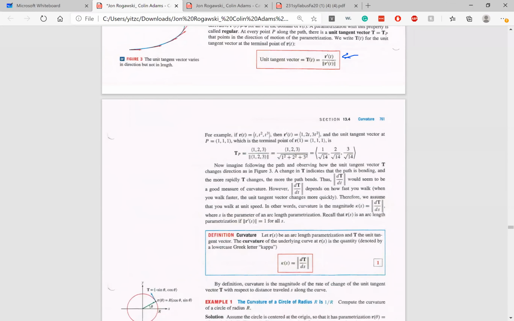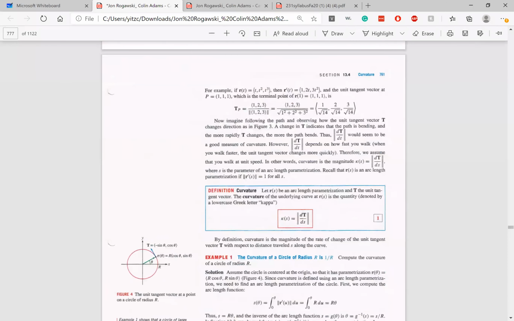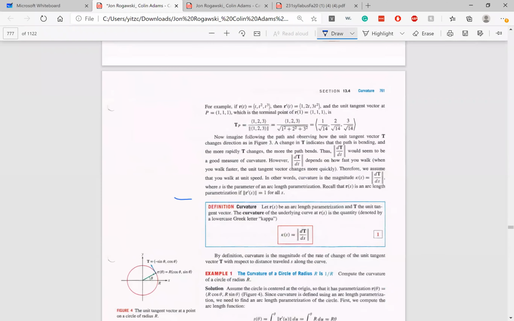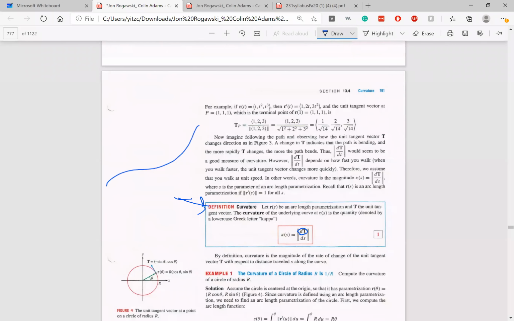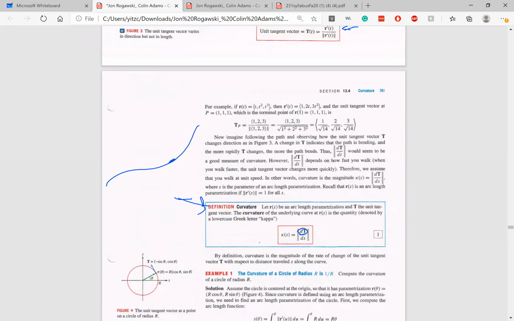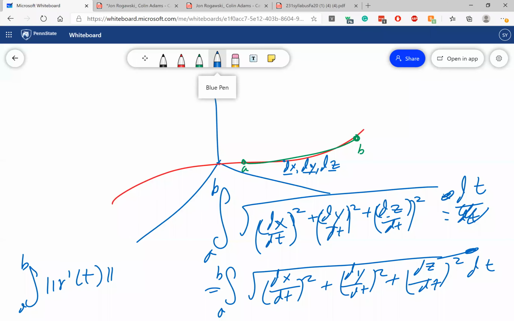And then in order to define curvature, this is just the definition. You cannot use it to actually compute curvature. You're going to look at how your tangent vector changes as you change s. So here's your curve. You vary your s. You see the ds.